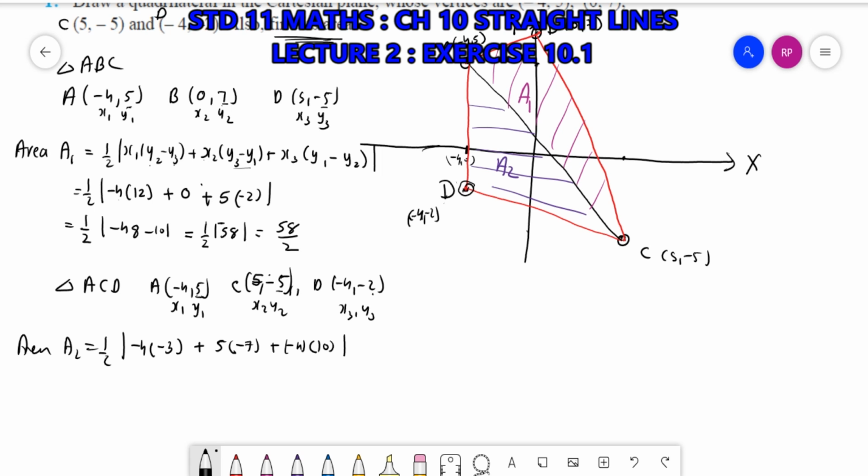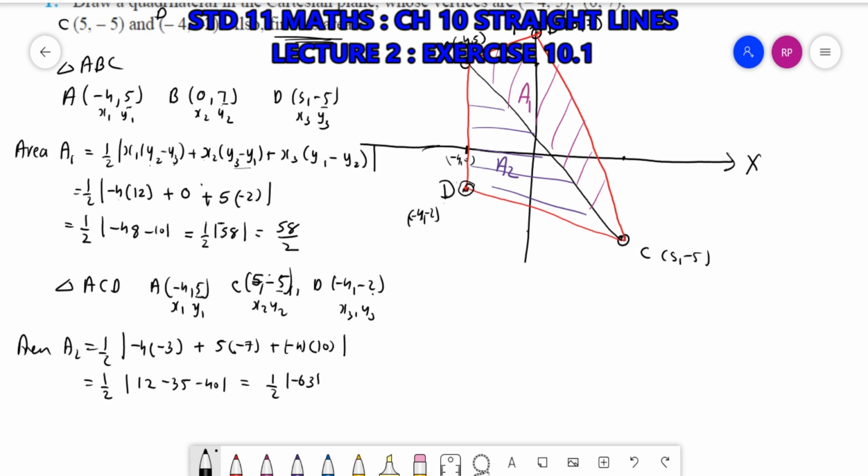So that will be equal to half of minus 4 into minus 3, that is plus 12, 5 into minus 7, that is minus 35, and minus 4 into 10, that is minus 40. So this will be 12 minus 35 minus 40, which is minus 63.